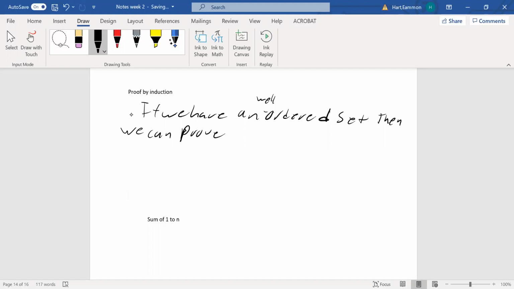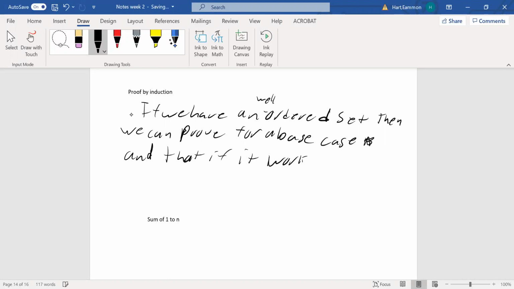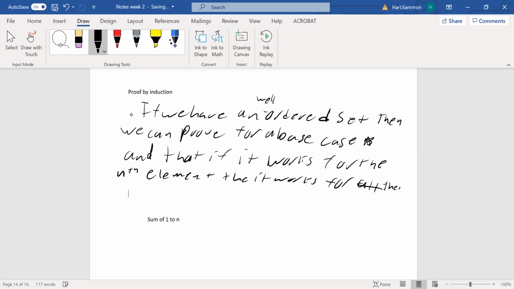We can prove a base case n, and that if it works for the nth element, it works for the n plus 1 element.